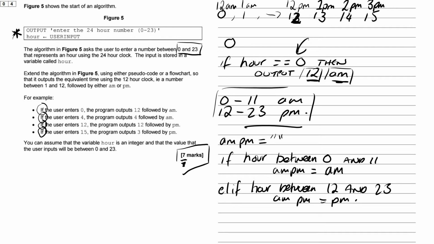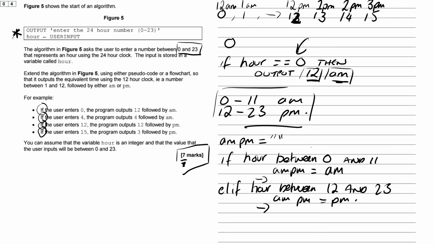Now within that, because I've already started to look at the different sections there, I can think, well, I could add another line of code in here and another line of code in here. So let's think carefully about what will happen when it's 0 to 11. Now when it's 0 to 11, the number does not change.